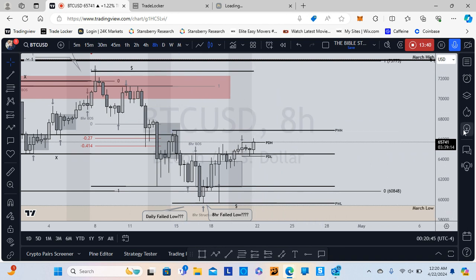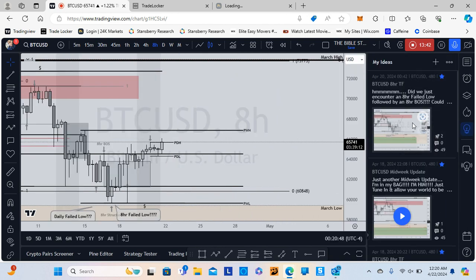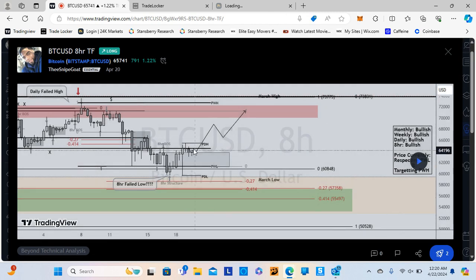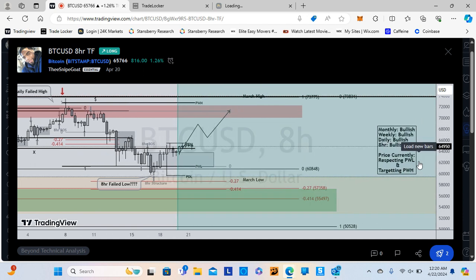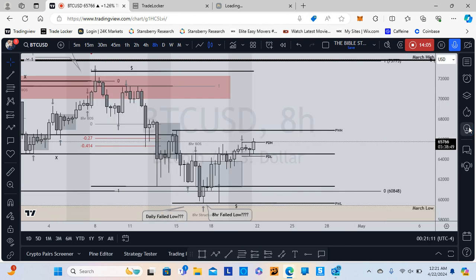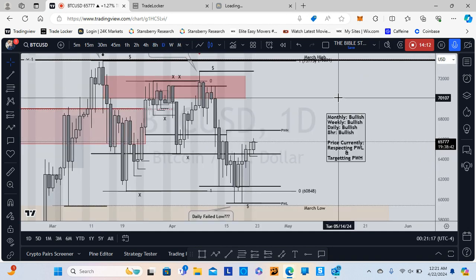I mean, I did make a post here, right? When price was here, as you can see, I just seen the breaker structure, and I said, what? You feel me? Yeah, I called this. So I was looking at it as gonna go here.